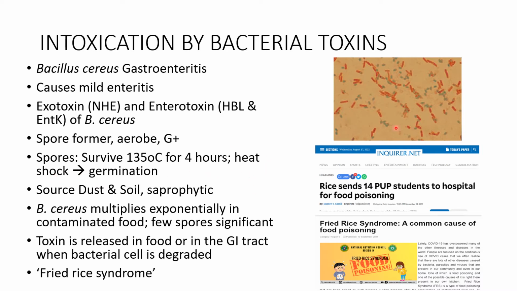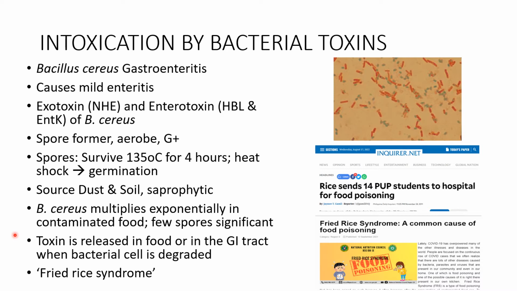However, heat shock may trigger the spores to germinate. They may be sourced from the soil and dust, because Bacillus cereus is saprophytic in nature. So they multiply exponentially in contaminated food, which makes kahit konting spores lang yung nag-contaminate sa food mo, it becomes a significant cause of food poisoning.